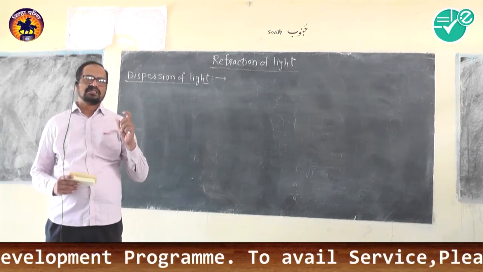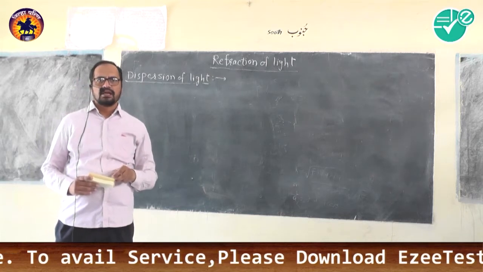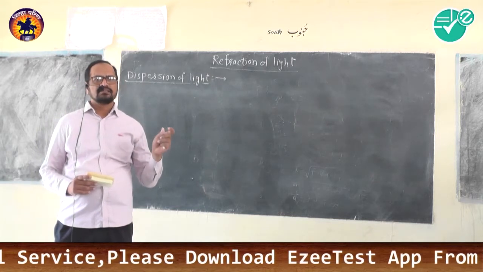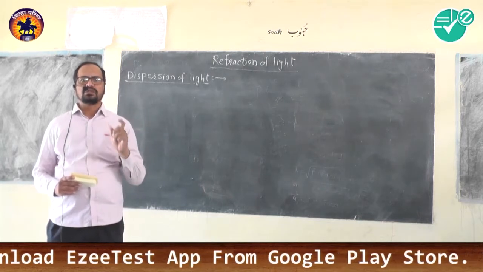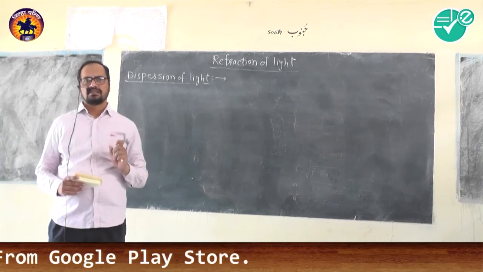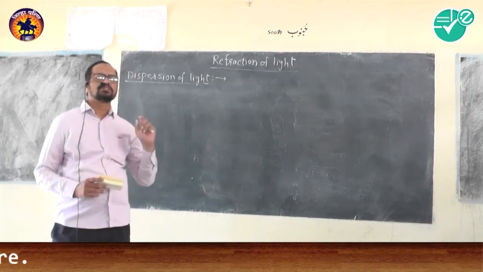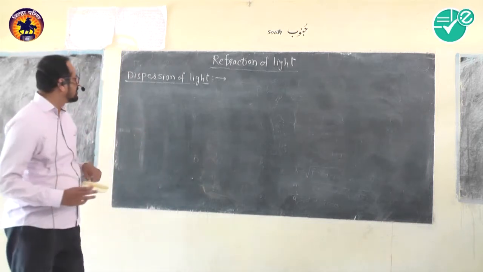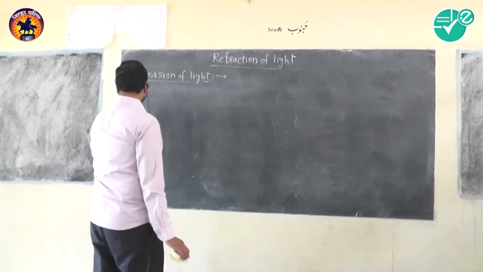All these 7 colors are due to different wavelengths, and when a ray of light is incident on a prism, which we will especially study, we get the constituent colors, and that is called the dispersion of light. But before that, we will study what a prism is.